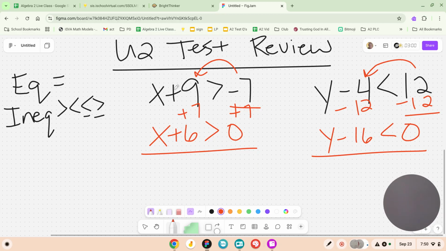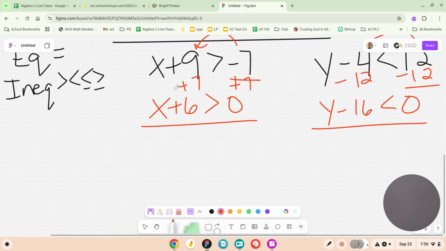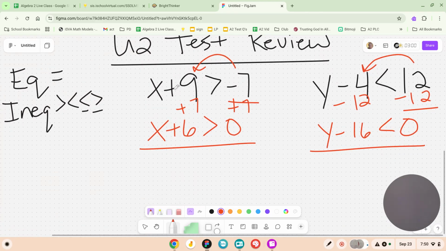So the whole point of the 0 strategy is to take those inequalities and set them equal to 0 so that you could set them equal to each other. That was a part of what we did in our stuff.